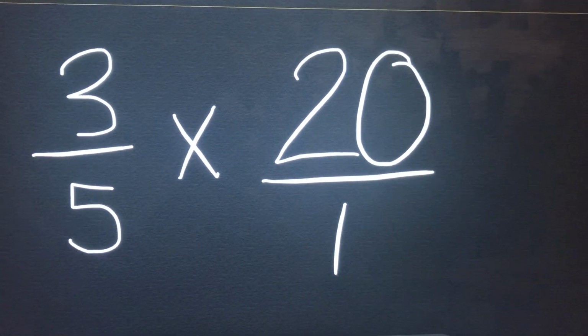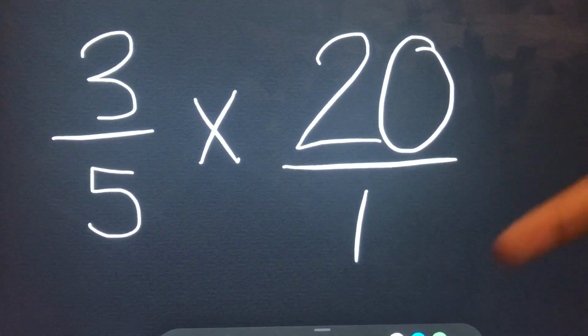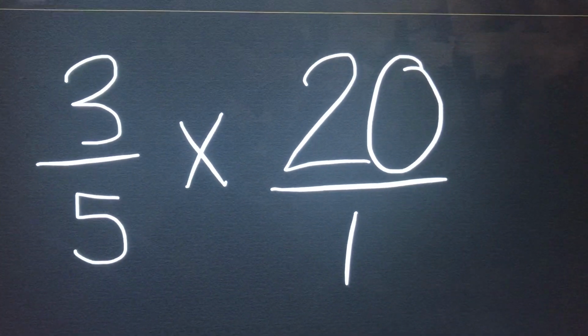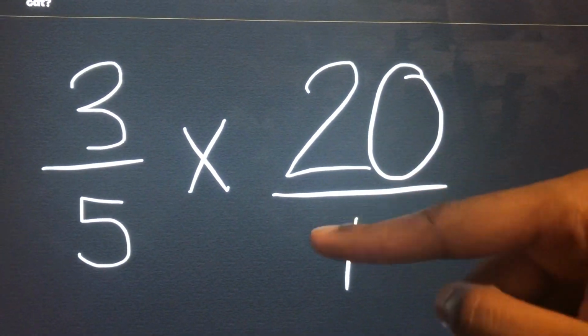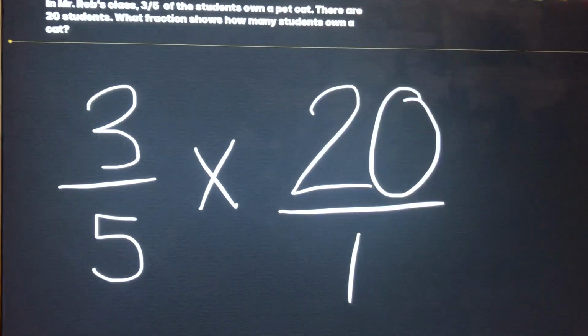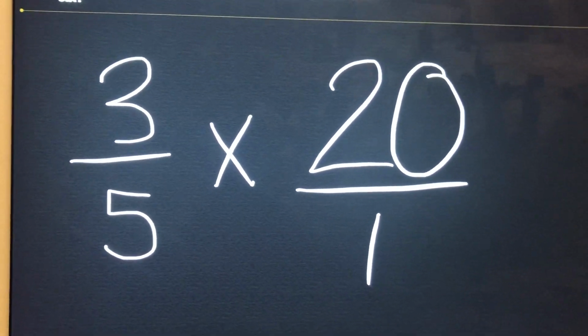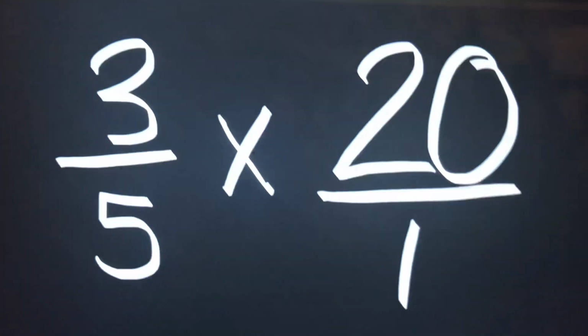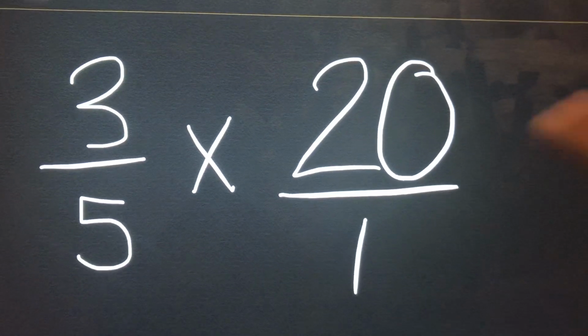Because this is basically a division problem, so 20 divided by 1 would just give you 20. So that's why you can always put the whole number over 1 so that you can multiply easier here. Okay, so don't freak out. Whenever you see just a number like this, you always put it over 1.